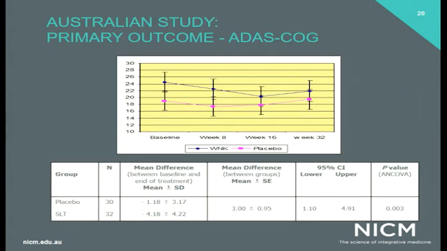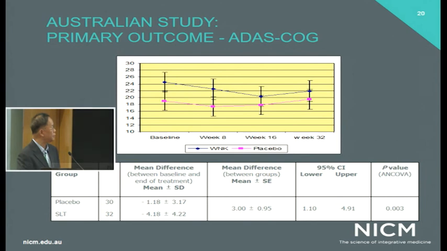The first phase 2 study we did in Australia. We recruited 62 vascular dementia patients, where VDES-COG is the primary outcome measure to evaluate neurocognition. In the 16 weeks of treatment, which is 4 months, you can see there was a significant reduction of the score, and the lower the score, the better, which means there is improvement in neurocognition.